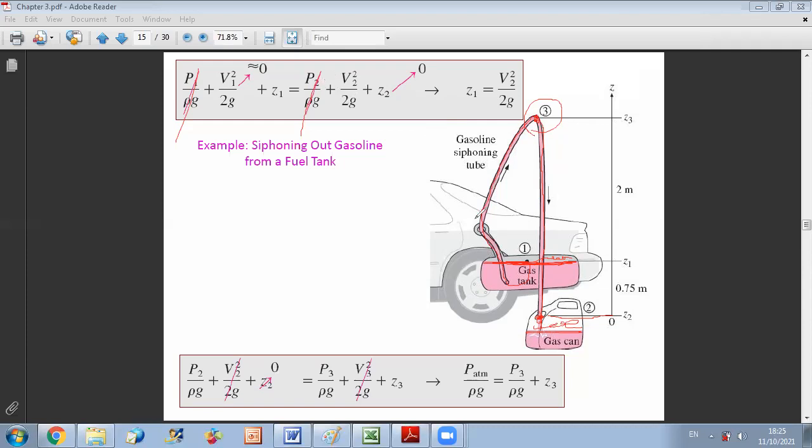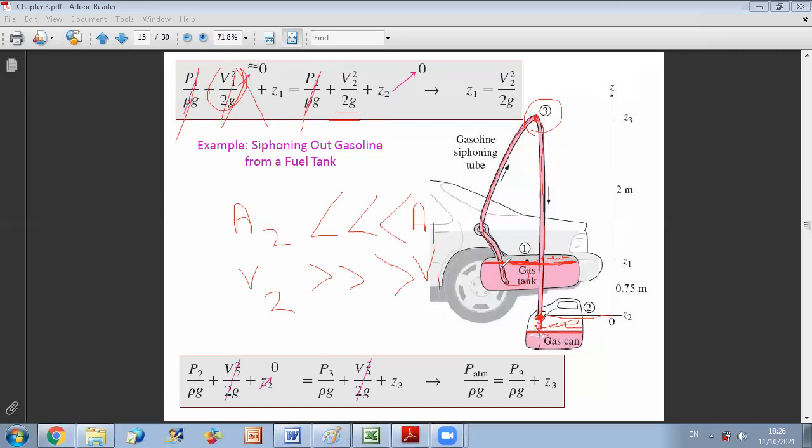So P2 is equal to P atmospheric, and V2 corresponds to the exit velocity. And since A2 is much smaller than A1, V2 is much larger than V1. So the V1 velocity term is negligible compared to this one, and I can consider it as 0.